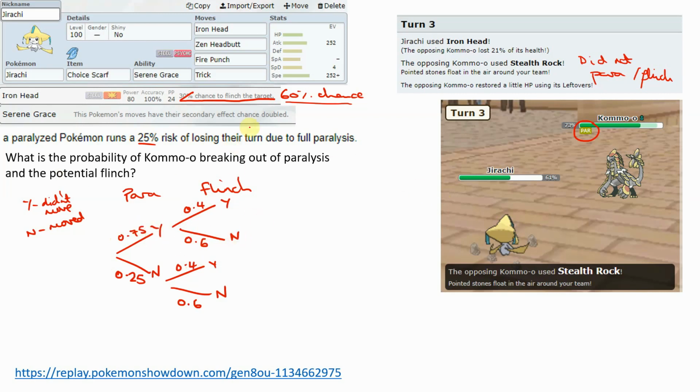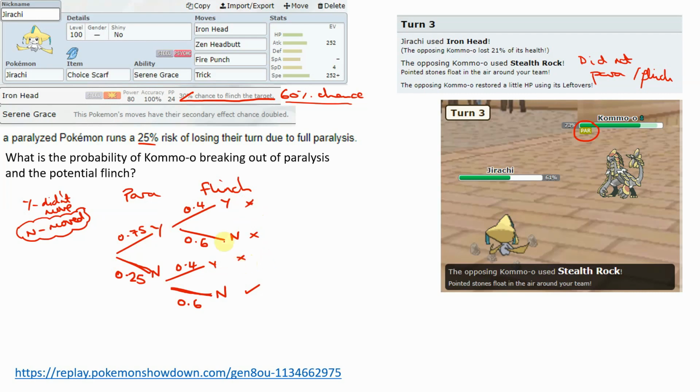And we're going to calculate the probability of him not getting flinched, so with him moving, so this one here, and not getting flinched or paralysed. And that is just going to be this bottom path. All of these, well, he would have not moved from paralysis and not moved from flinch, so he definitely didn't move. He would have not moved from paralysis, and then it wouldn't matter what happened with the flinch. And he would have moved, he would have got through the paralysis, but he wouldn't have got through the flinch.